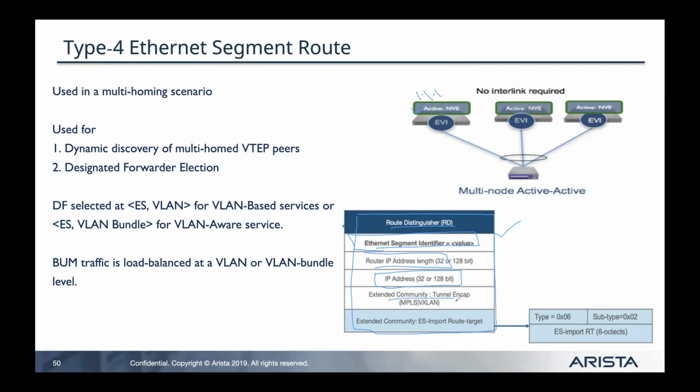Then the extended community tunnel encapsulation, whether it's VXLAN encapsulation or not, and the Ethernet segment import route target. This is the configuration under the port channel. So the route target information this VTEP is going to send is from this configuration.